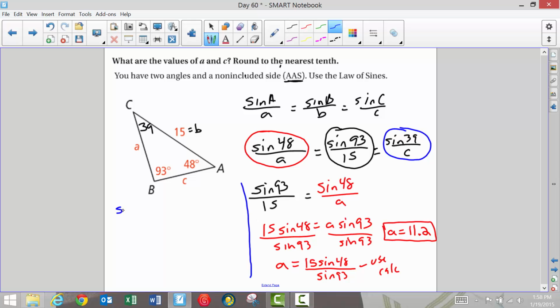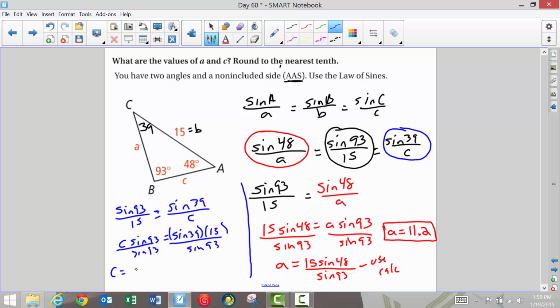So it's sine of 93 over 15 equals the sine of 39 over C. So it's always going to be one fraction completely filled in, and the other fraction will contain one variable. When you set up that proportion, you cross multiply, so I have C sine of 93 equals sine of 39 times 15, divide by the sine of 93.